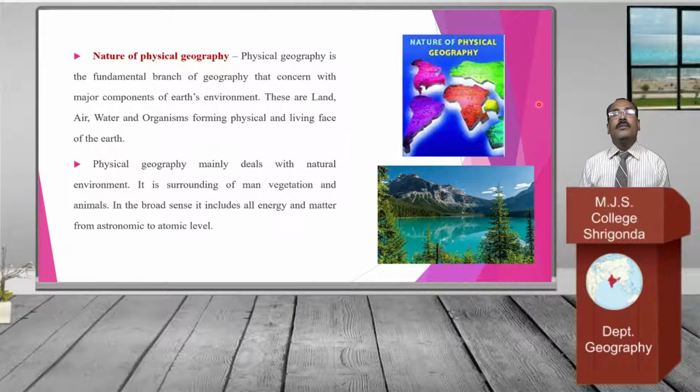Then physical geography mainly deals with the natural environments, the surroundings of man, vegetation and animals. In the broad sense, it includes all energy and matter from astronomic to atomic level.